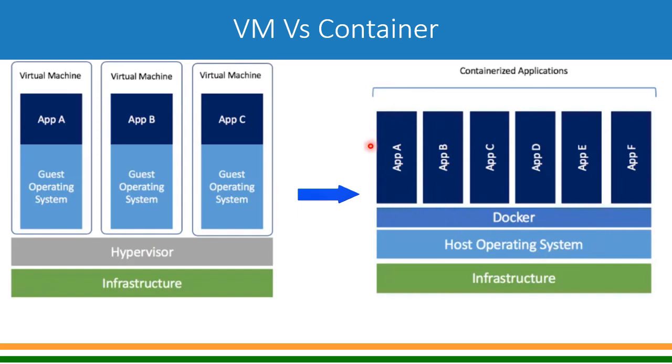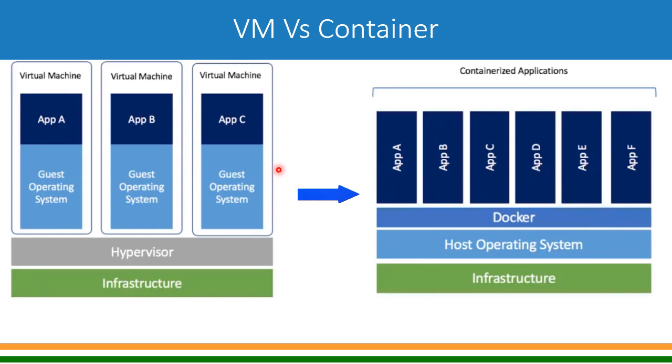All those dependencies, bin, and libraries are part of this, so that when you deploy this application, it will work in the production environment without any problem, because all those dependencies are in the container. When you deploy a container, it is already there. So it becomes very easy to deploy an application as a container.